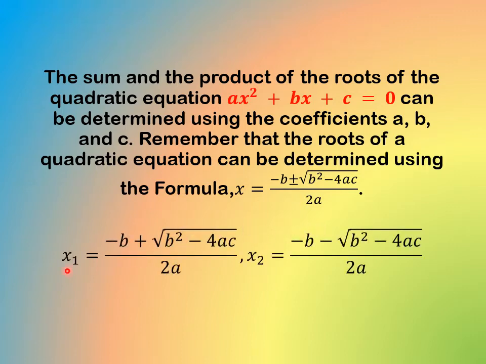Okay, so for x sub 1, we have negative b plus the square root of b squared minus 4ac over 2a. For the second root or x sub 2, we have negative b minus the square root of b squared minus 4ac over 2a.